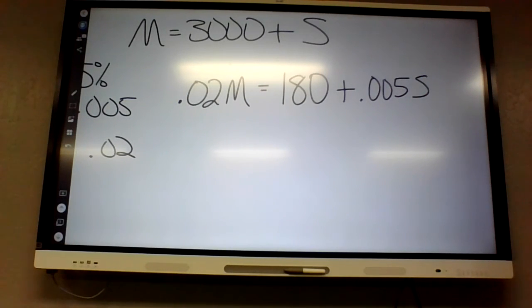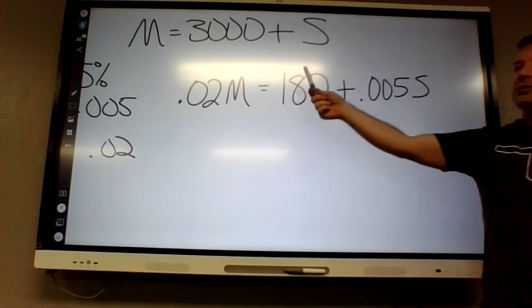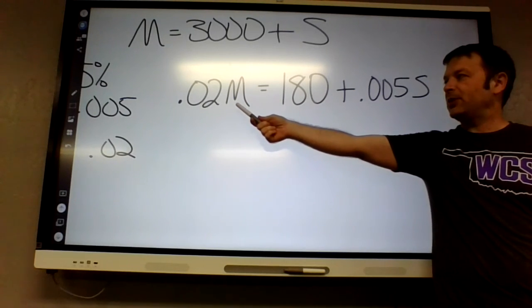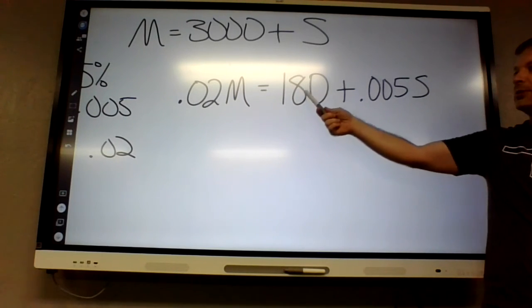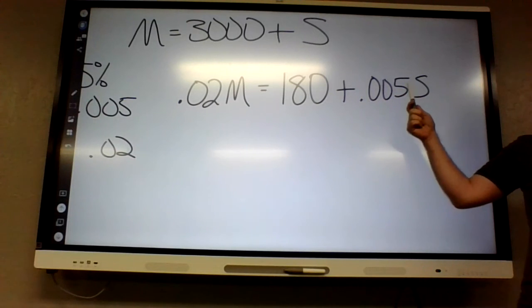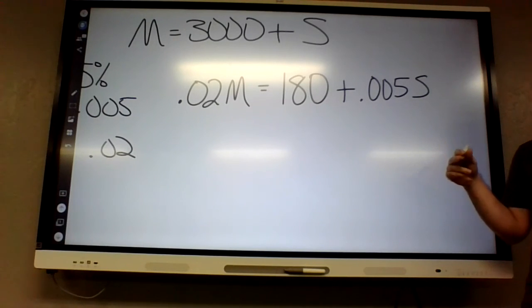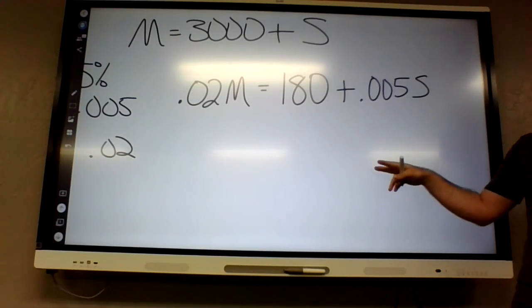That's why you don't want to use that S right there, but we did it anyway. So the 2% from the money market account is equal to 180 more than the 0.005 that he makes from the savings account.